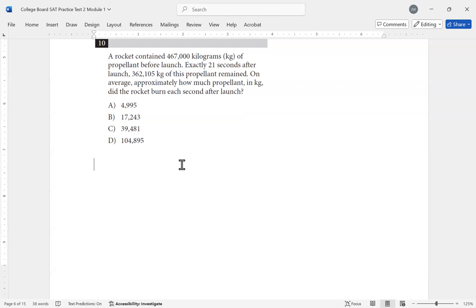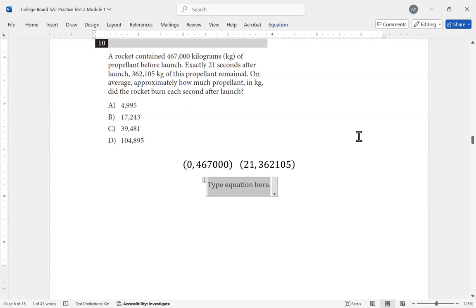Now, when we talk about the initial amount of fuel and the amount of fuel 21 seconds afterwards, that's really giving me 2 points. At the initial time of 0, we have 467,000 pounds. After 21 seconds, there is 362,105 pounds. If I want to figure out how much fuel is burning, that's basically the slope of the line between these 2 points.